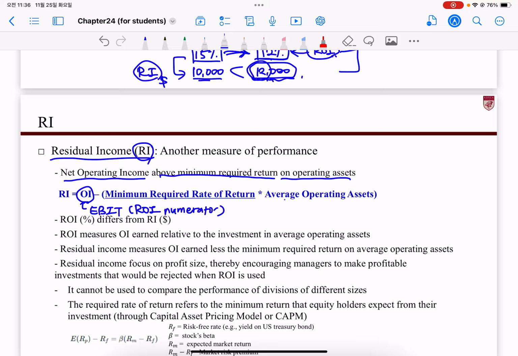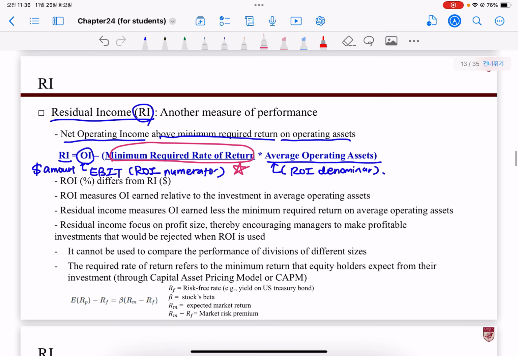This is the average operating assets. This is also the ROI's denominator. So the numbers we use are the same. The only difference is that RI is focusing on the dollar amount instead of the ratio.